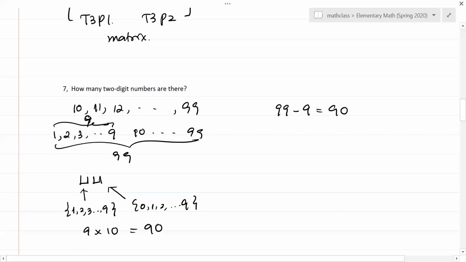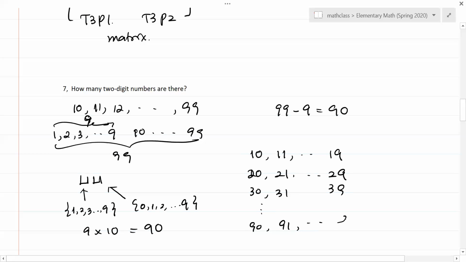So why is it 9 times 10? You can get a matrix: 10, 11, and so on. Each time you choose the first digit 1, then you have 10 numbers. Then you have 20, 21, up to 29, then keep going, and you get another row. So this is a bigger matrix, as you can see.